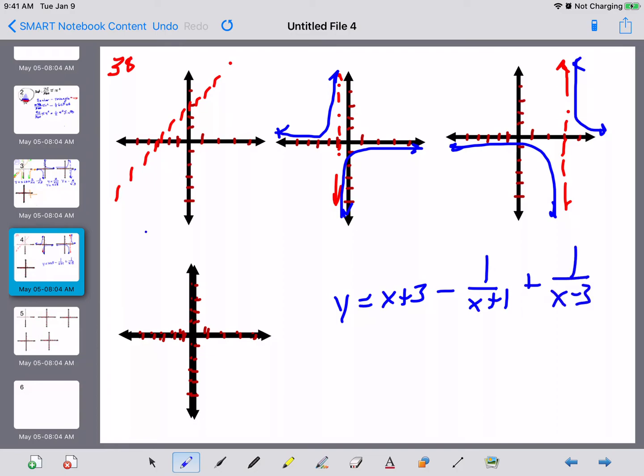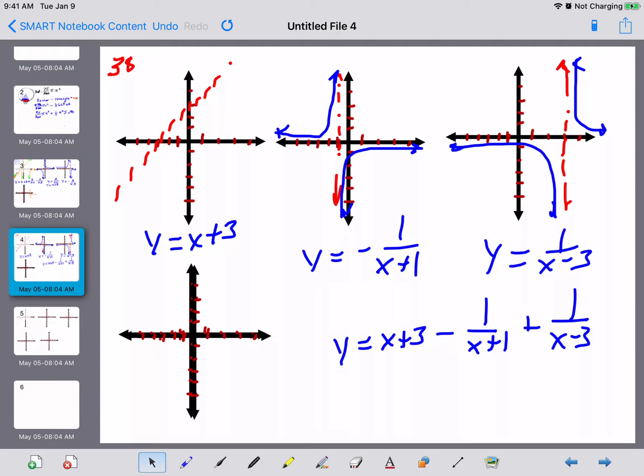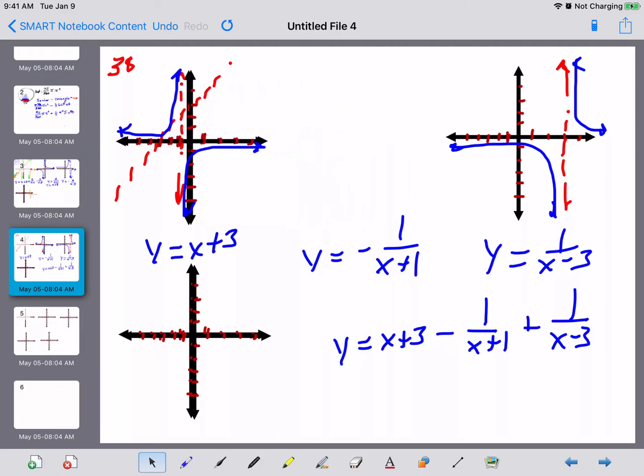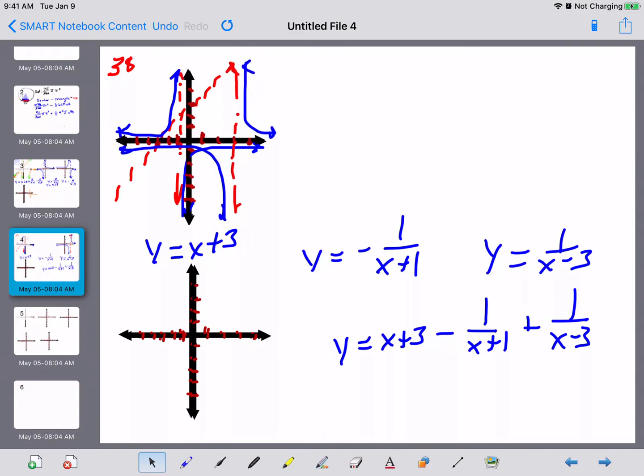Now, I have y equals x plus 3, and I have y equals negative 1 over x plus 1, and I have y equals 1 over x minus 3. I'm kind of encroaching on that, so let's pull those down so you can see what's going on. Again, all I'm going to do is overlap these graphs, and then we have a general form of a graph that forms.